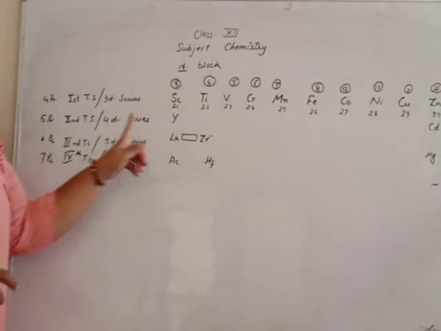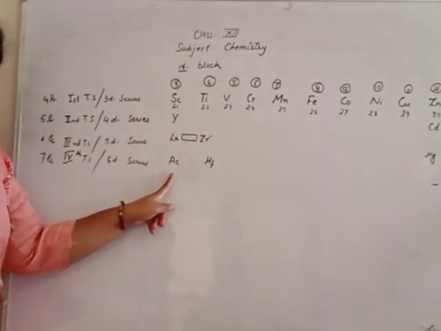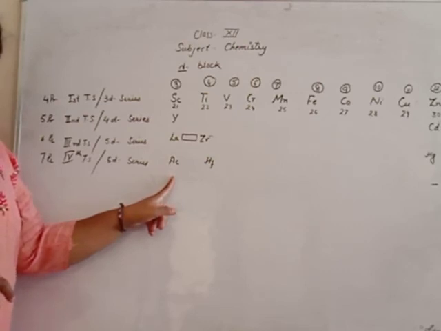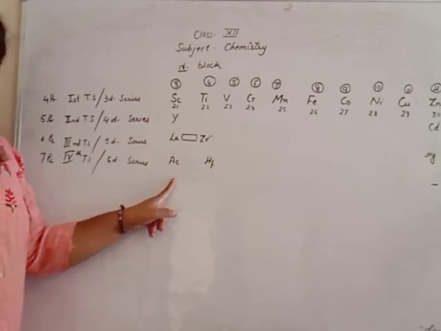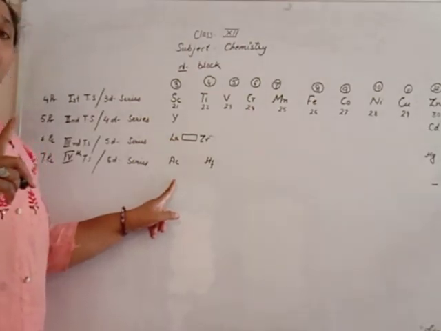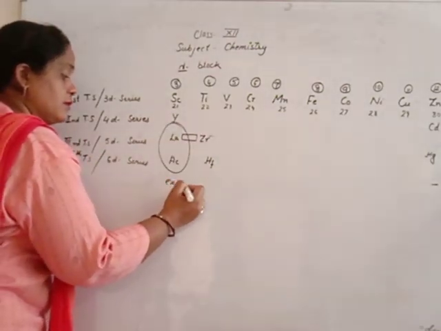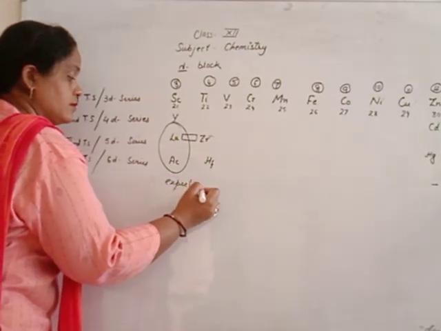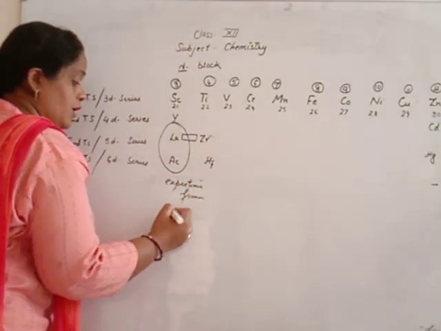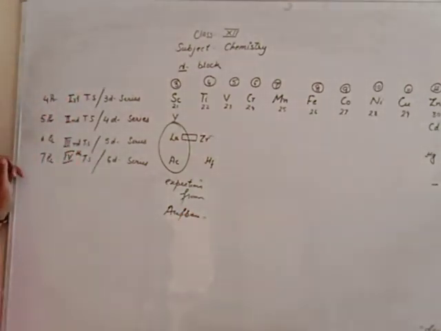Then lanthanum and actinium are those transition metals that are exceptions to the above principle. The above principle says that electrons first enter the lower energy shell and then the higher.